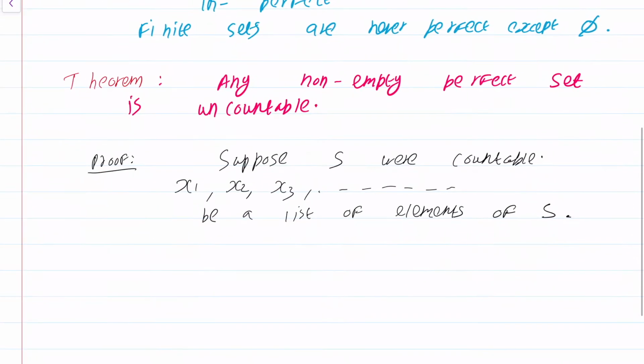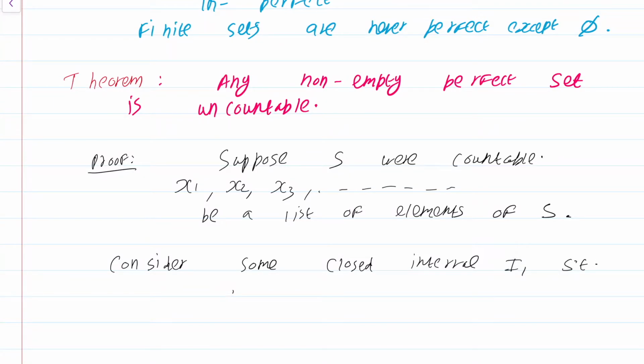So what we do is the following. Consider some closed interval I1 such that x1 is an element of the interior of I1. It's not one of the endpoints of the closed interval I1. Somewhere inside you choose x1.